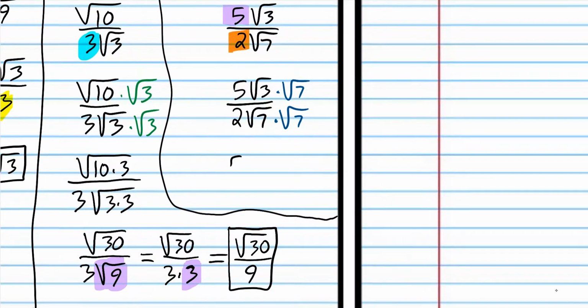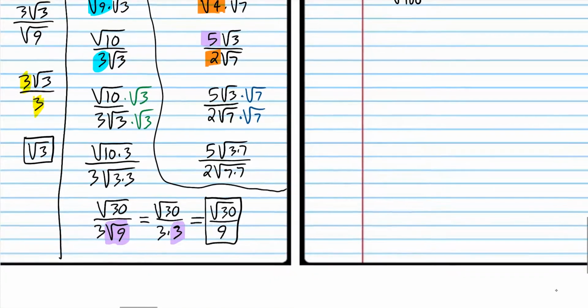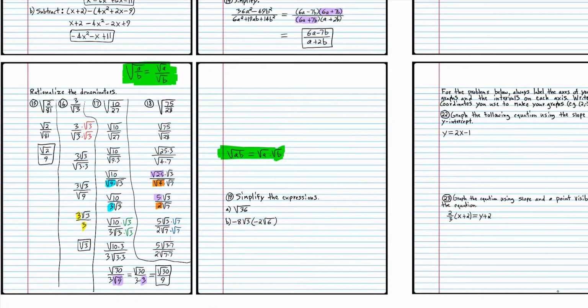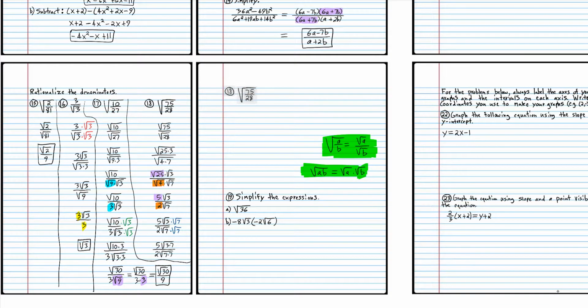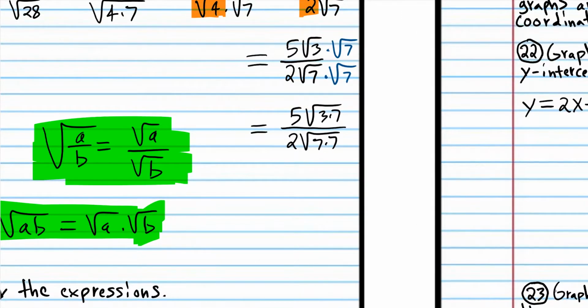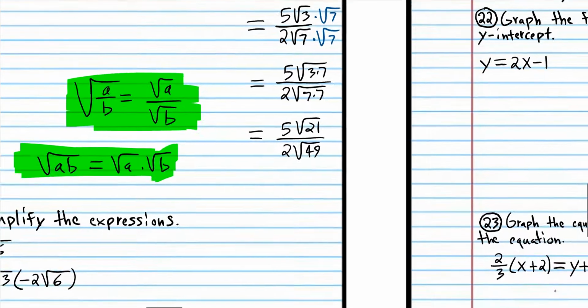So then we end up with 5 root 3 times 7 over 2 times root 7 times 7. You know what? I'm going to move this entire problem to the right over here. So now we have some more room, and we end up with 5 root 21 over 2 root 49.